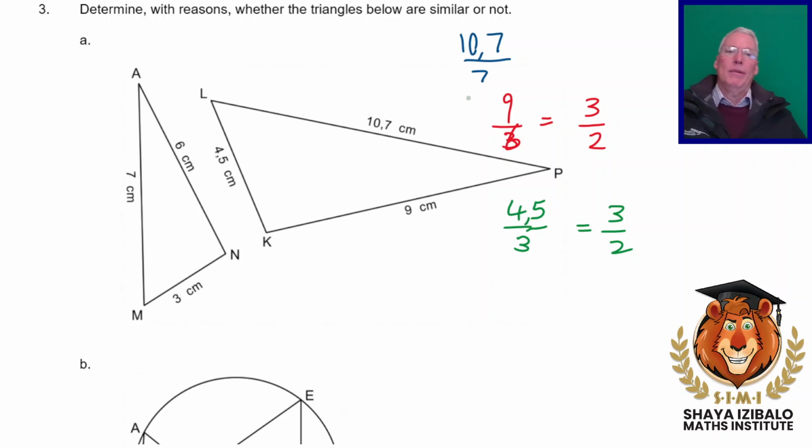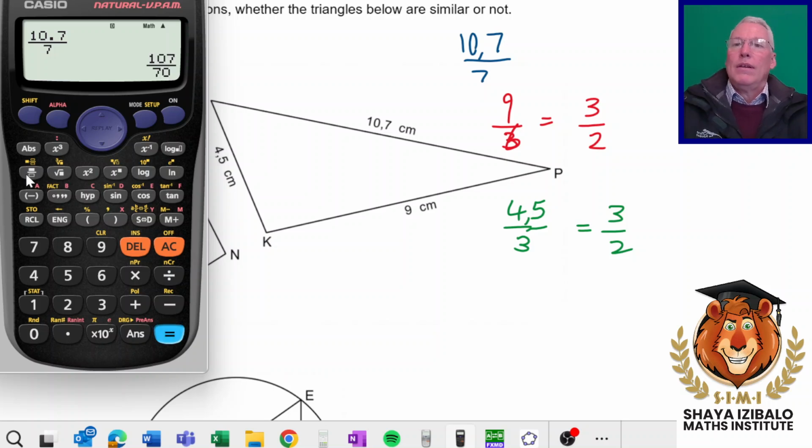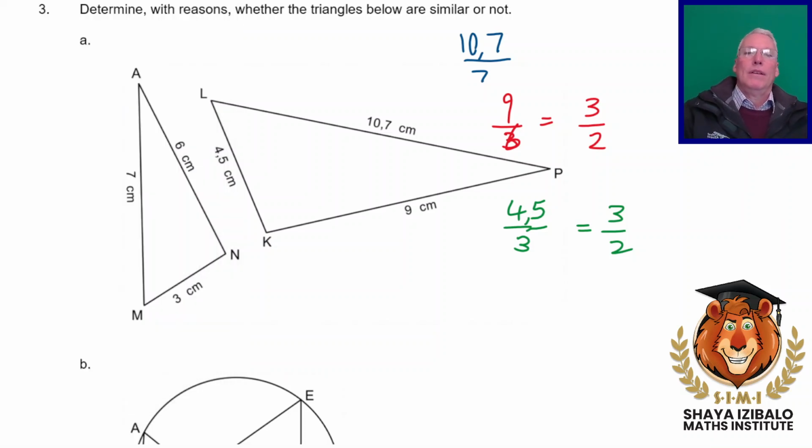Now, 10,7 over 7, I do not believe is 3 over 2. Right, it's close, but it's not 3 over 2. We can quickly check with a calculator. 10,7 over 7 is in fact 1,53. So although it's close, it's not actually equal.